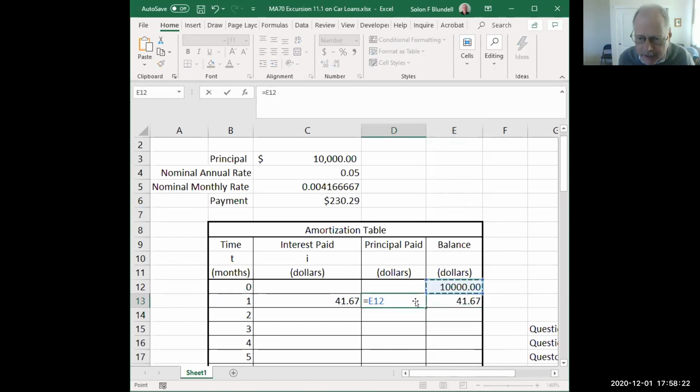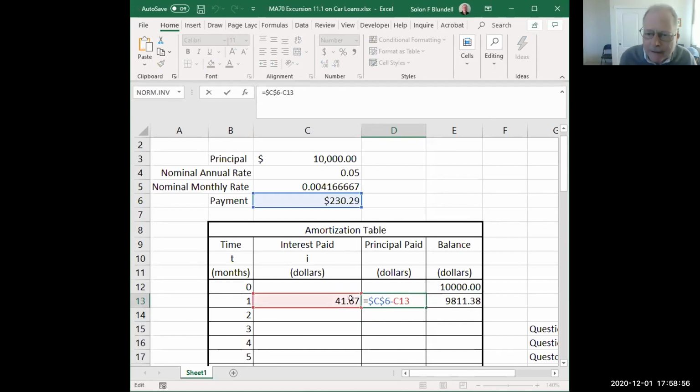I'm going to take the balance minus 4167. Oh, no. I'm sorry. I'm doing totally the wrong thing. I want to take the amount of the payment. I paid $230.29. Okay. The amount of the payment minus the interest. There we go.